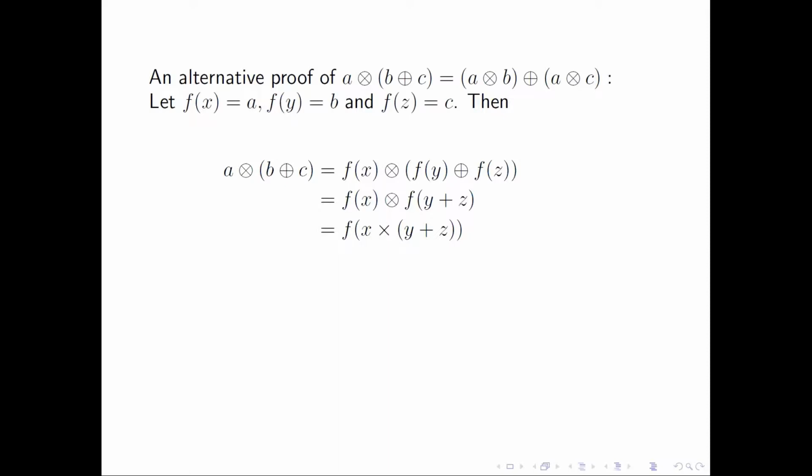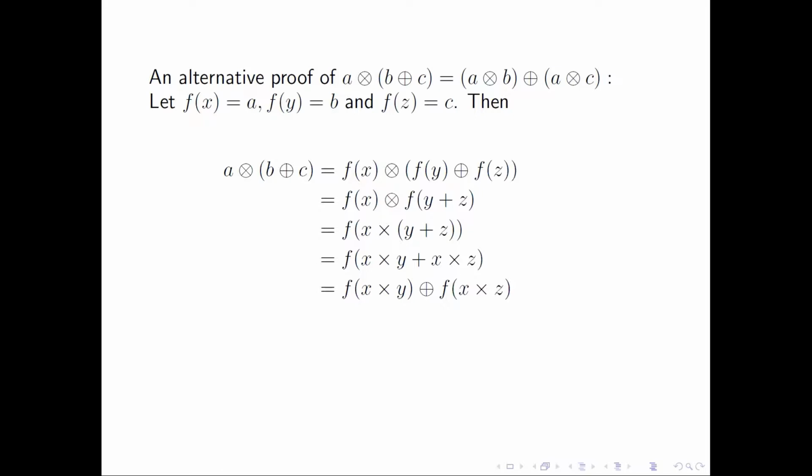We know multiplication is distributive over addition. We have this expression. And then we go back to the second structure again using the property of isomorphism.